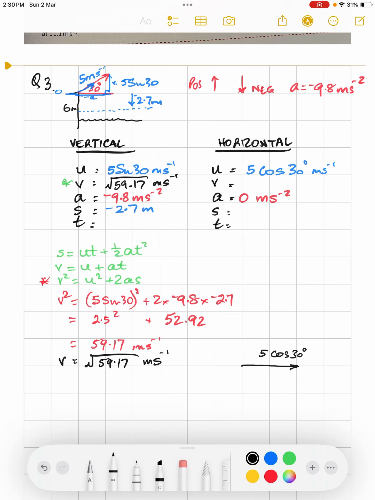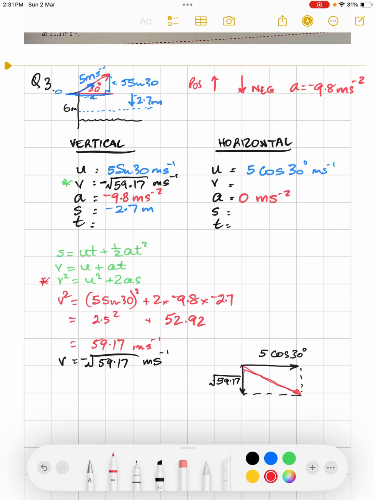We've got our vertical, because we're going down, it will be in the negative direction. So let's realize this is going down now. So it's going down at square root of 59.17. So what we want is our speed, which is the diagonal of those two components.